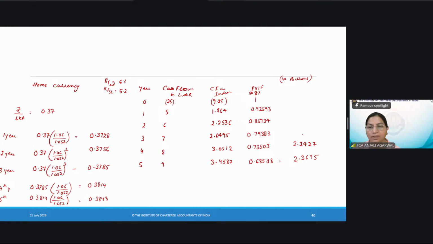2.6495 multiplied by 0.79383. I'm working in the reverse direction. 2.1033. 2.2536 multiplied by 0.85734, 1.9321, and 1.864 multiplied by 0.92593.